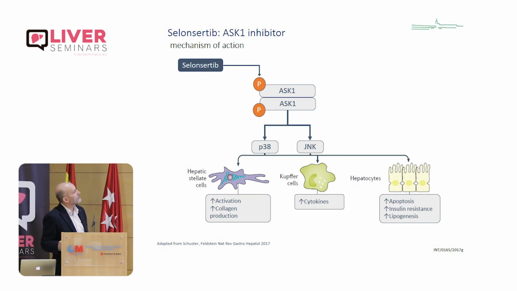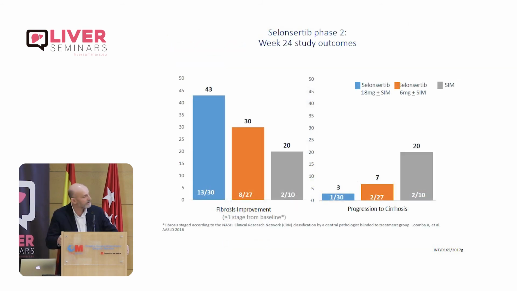The last one is selonsertib, an ASK1 inhibitor, showing different activity on hepatic stellate cells, Kupffer cells, and hepatocytes, a topic that we had the opportunity to discuss this morning in a very nice debate.